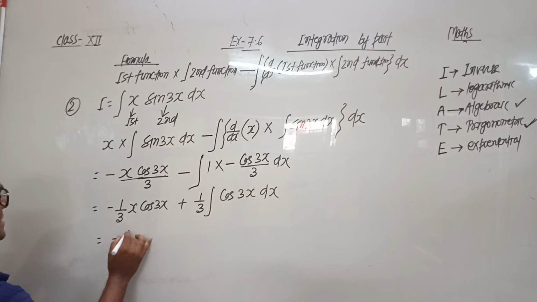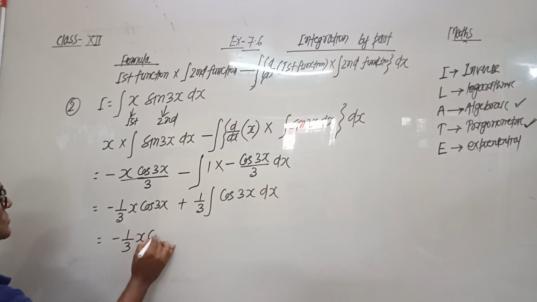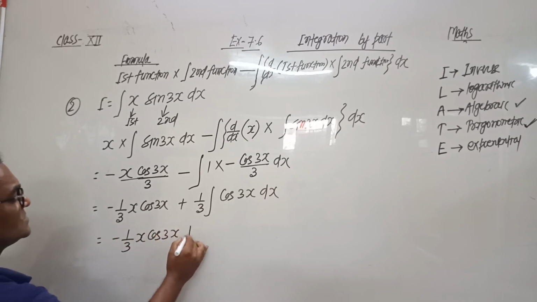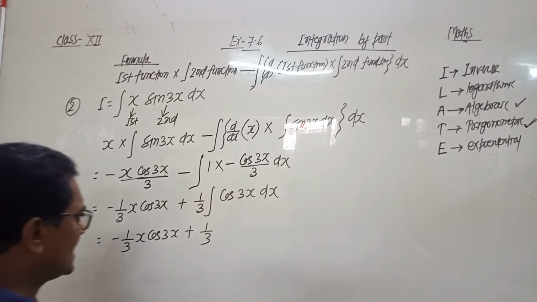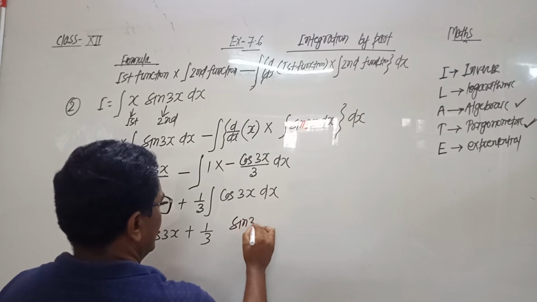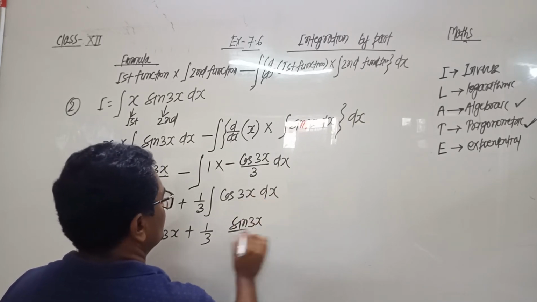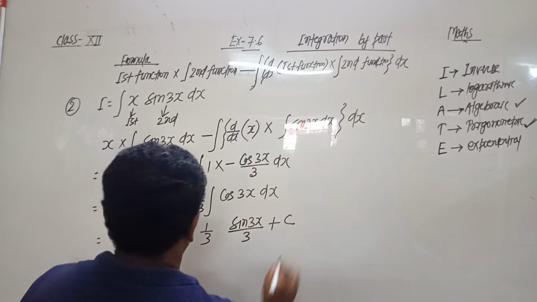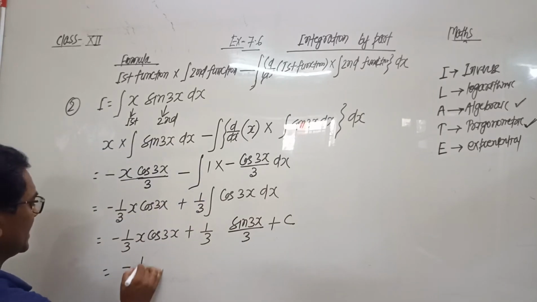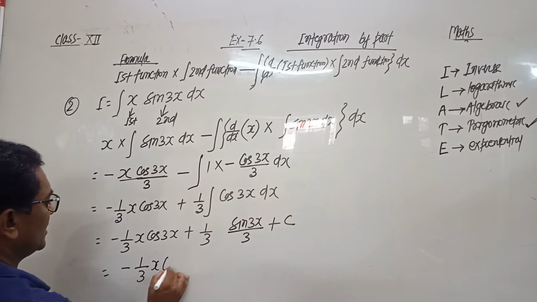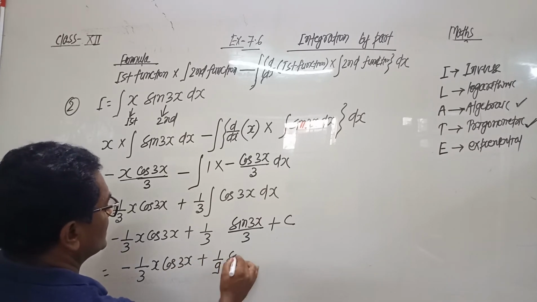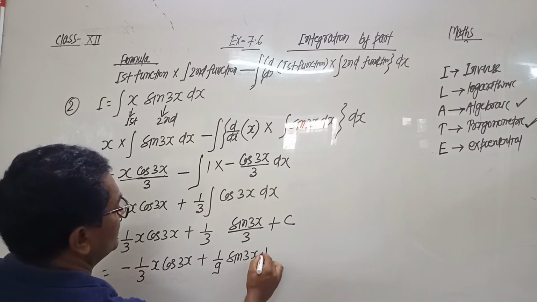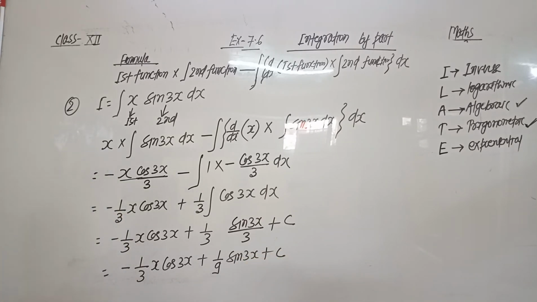Then minus 1 by 3 x cos 3x plus 1 by 3 integration of cos 3x is sin 3x, and then differentiation of 3x is 3, so divided by 3. So the final result which we get is minus 1 by 3 x cos 3x and plus 1 by 9 sin 3x and plus c.